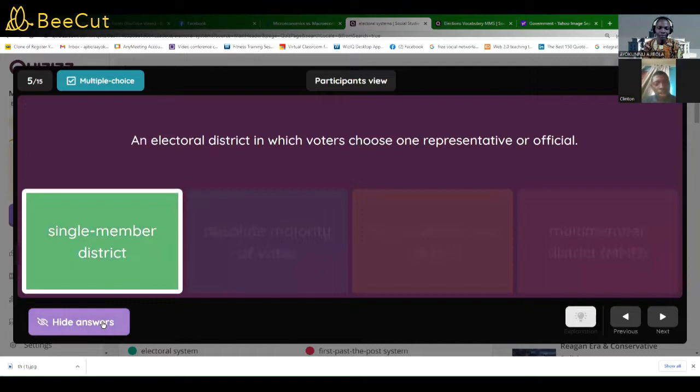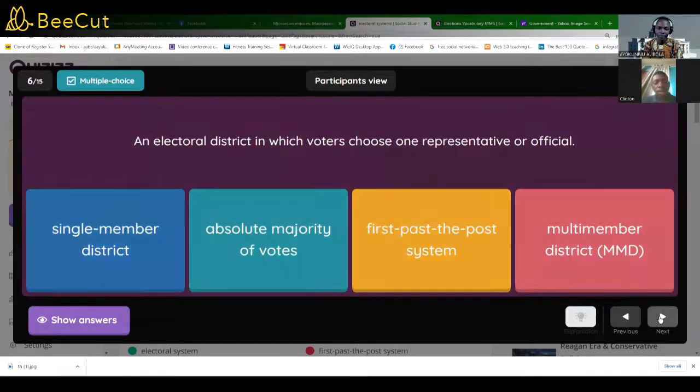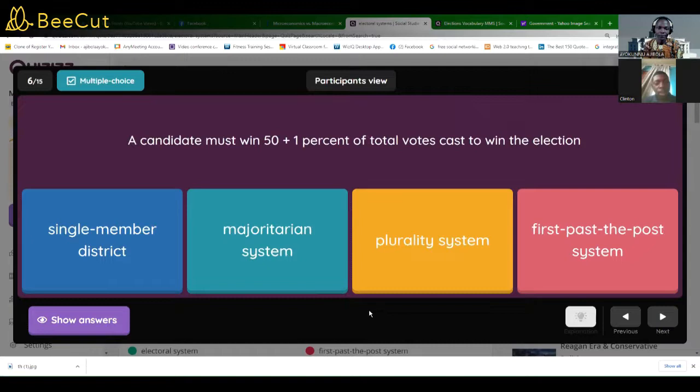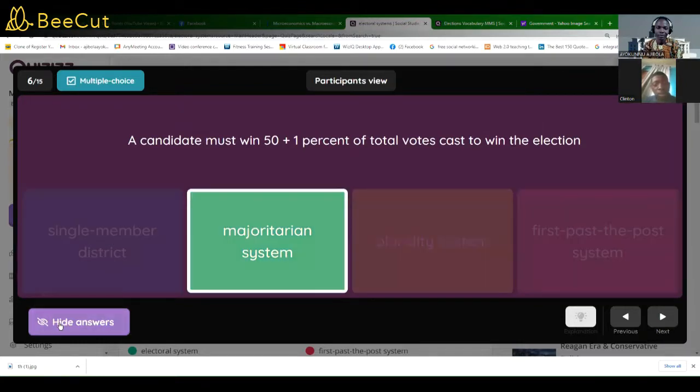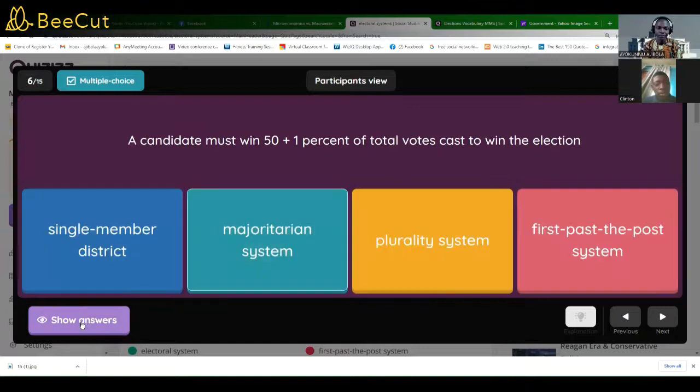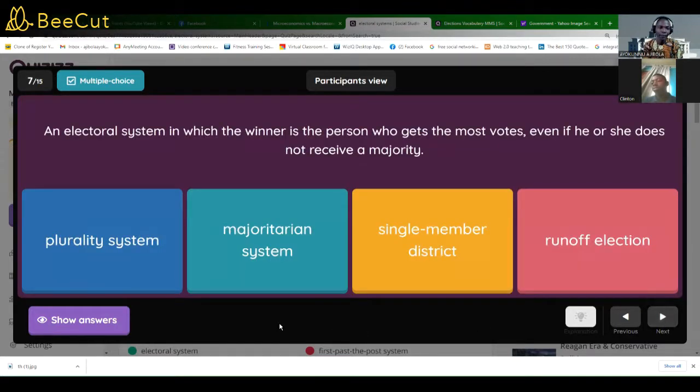That's correct. A candidate must win 50 plus 1% of total votes cast to win the election. Majoritarian system, having the majority. When you win 50 plus 1% of total votes, that's the majority. Yes. The next one.